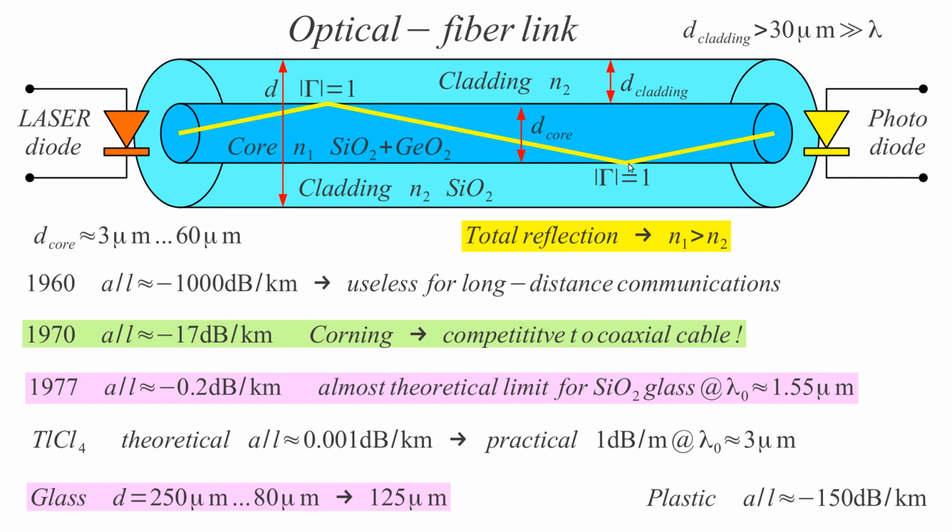A total reflection means gamma, the reflection coefficient, the magnitude of gamma, mathematically equal to 1. So there is no loss occurring in these reflections. But we should take care that the cladding is thick enough. The cladding should be much thicker than the wavelength.